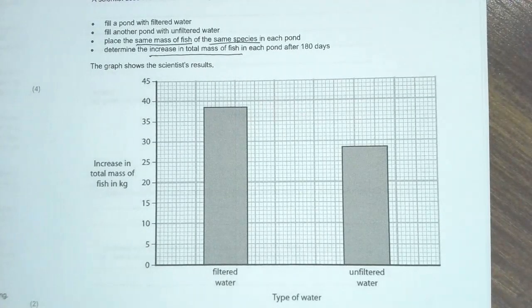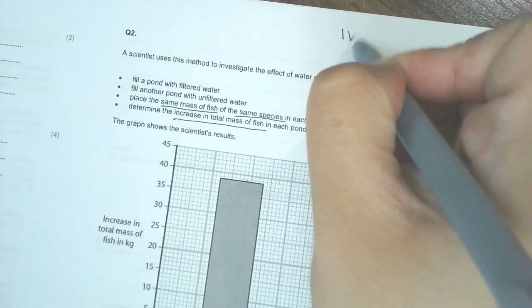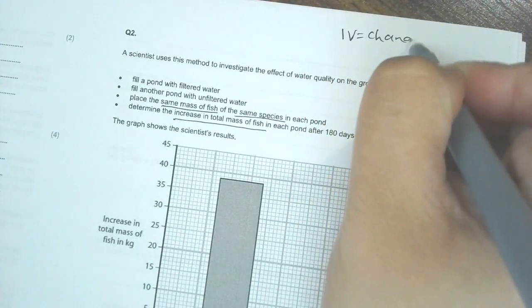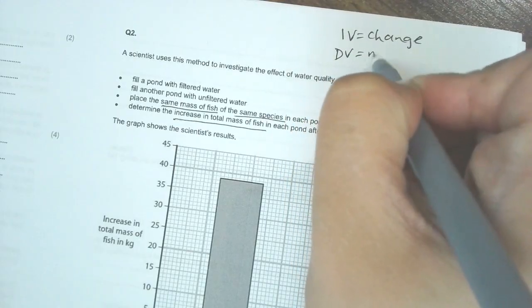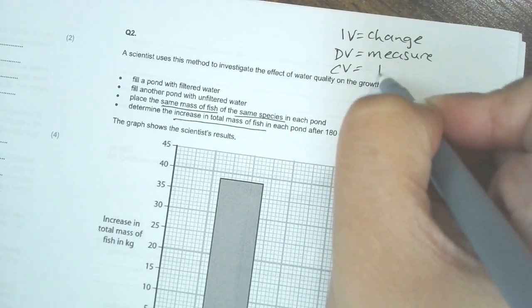And they looked at the increase in total mass of fish in each pond after 180 days. Now, although I haven't even read the question yet, I would really like us to get into this mindset whenever it comes to a question about data or experiments: just identify for yourself the variables. An independent variable is the thing that you change, the dependent variable is the thing that you measure, and control variables are the things that you keep the same.